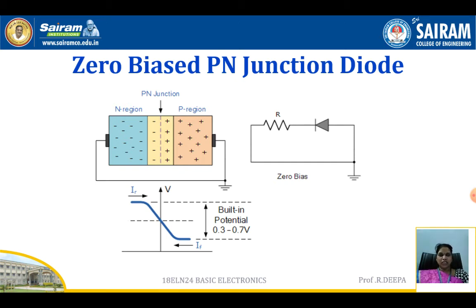And if you see the equivalent circuit of a zero biased PN junction diode, it is shown on the right hand side by a PN junction symbol along with a resistance under zero bias condition. So we can conclude that in the zero biased PN junction diode, there will not be any flow of current and the depletion layer will be formed near the PN junction diode.